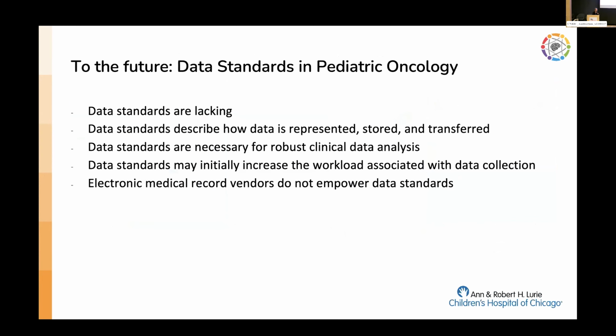Do you do LGG as this description? Or do you say WHO low-grade glioma? Or do you say WHO2 low-grade glioma? Do you lump those? Do you split those? It's still the same diagnosis, but it can have 5 or 6 different names. So how do you capture and how do you create a data standard for that? How is the data represented, stored, and transferred from the EHR into the data platform?